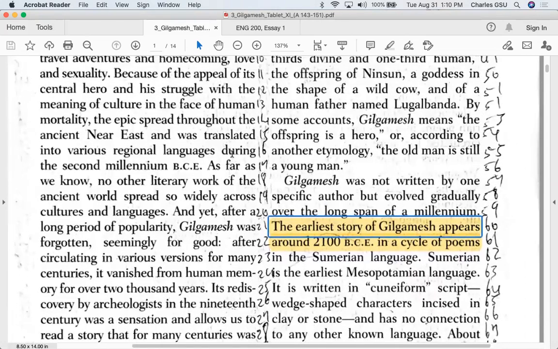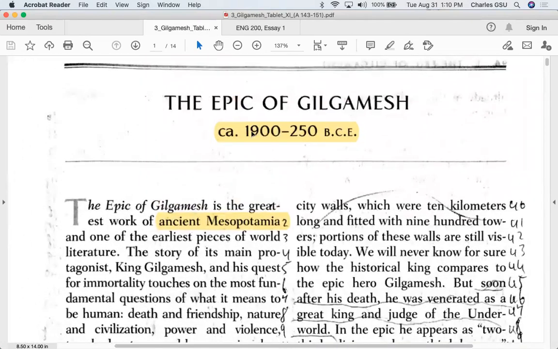So remember, 2100 BCE would be before 1900, because if you think of a left to right chronology, the further to the left, or further back in time you go, if you're talking BC or BCE, the higher the number goes.